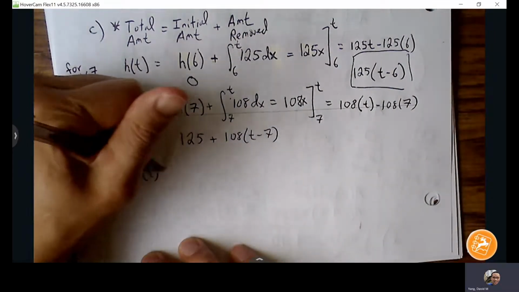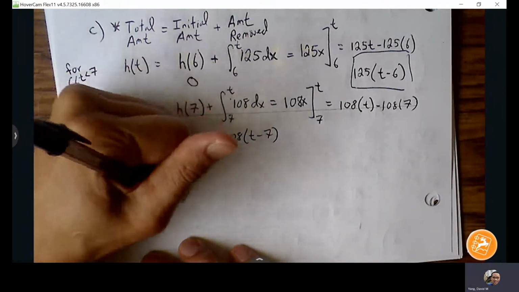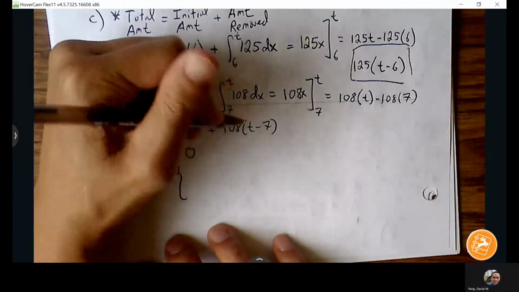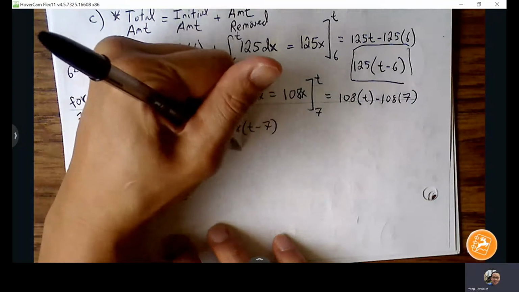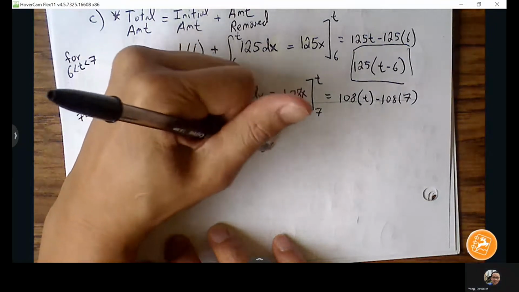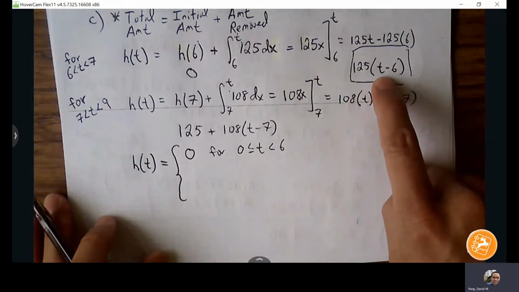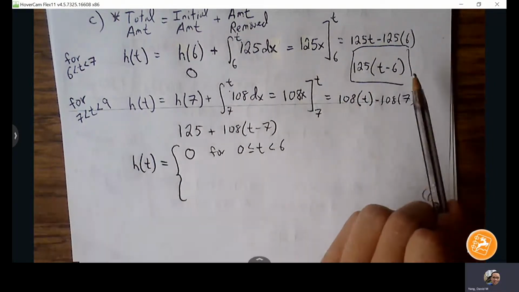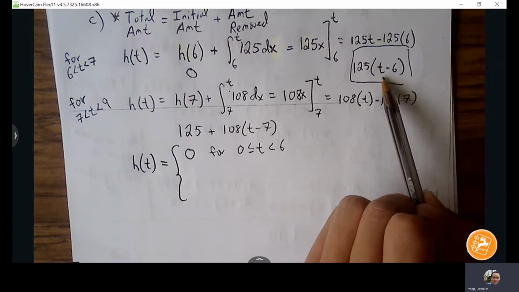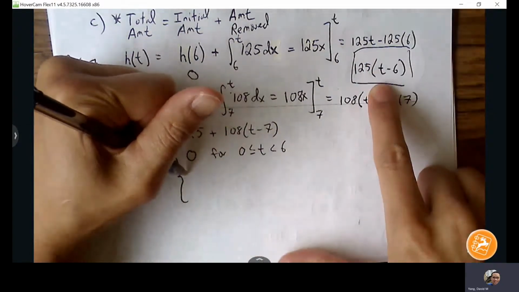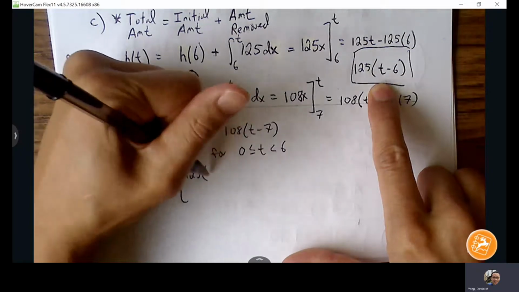So this is her progress at any moment in time. We know that between 0 and 6, nothing is happening. But from 6 to 7, if I want to figure out exactly how much snow she's shoveled, we can plug in any value between 6 and 7, and we'll be able to figure out what she's done.